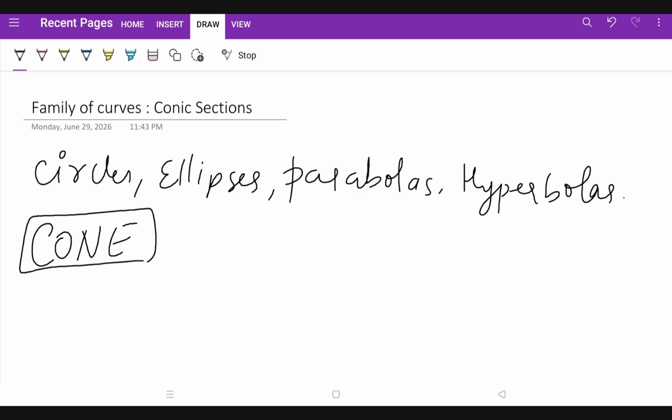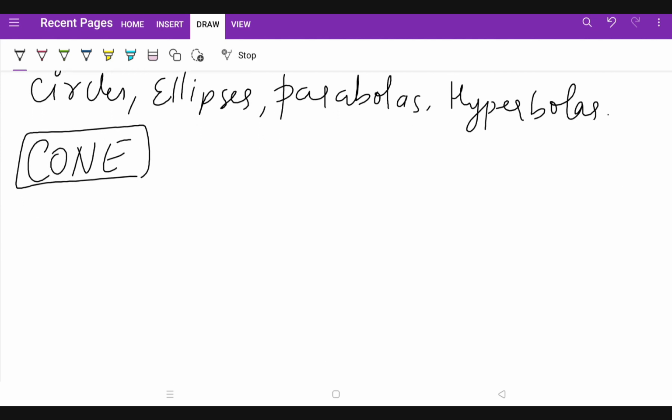Now what is a cone? Imagine a straight line rotating around a fixed axis while making a constant angle with it. The surface generated by this motion is called a cone.